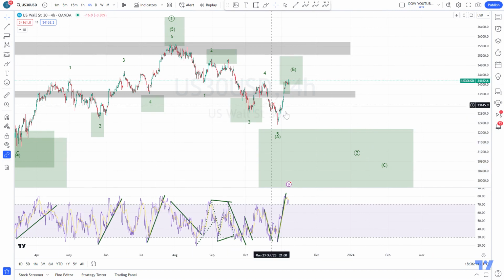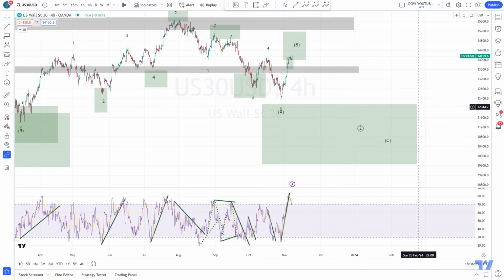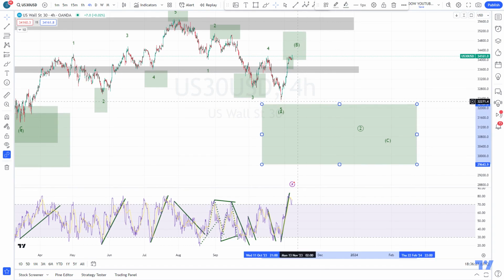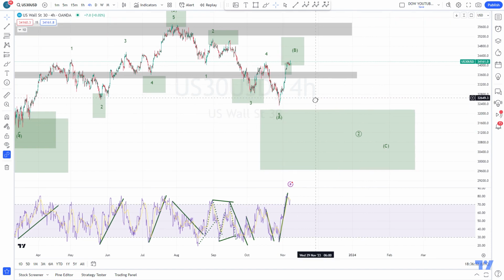So this is very unlikely. Therefore, I think we have to consider that, if the correction is finished, and actually we came quite close to the wave 2 area, as you can see, so this was our target. We reversed from here.